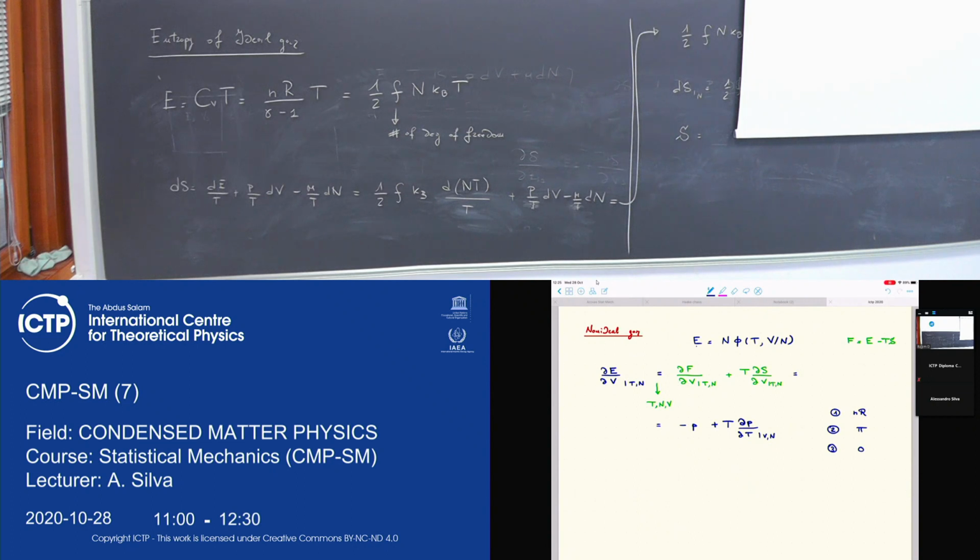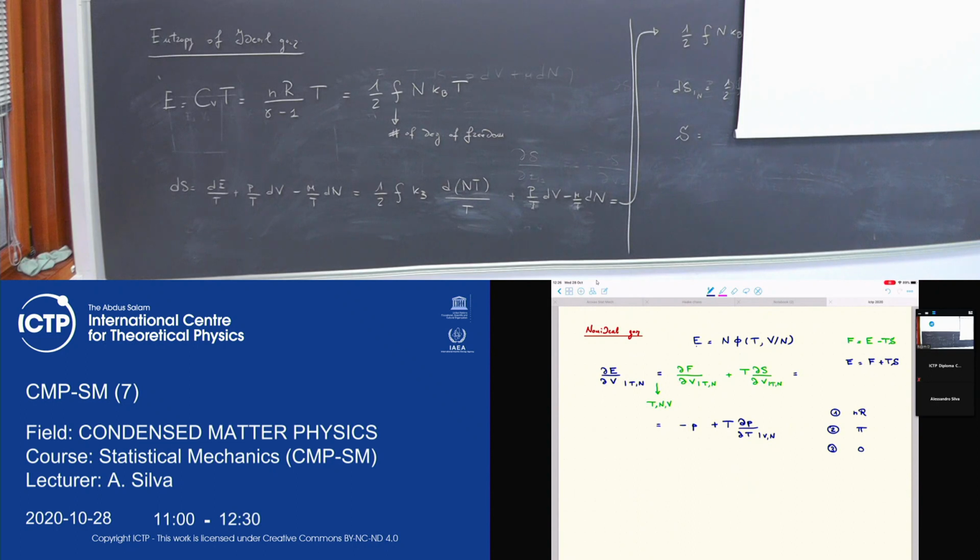Therefore, I have to use as my potential the Helmholtz free energy. The Helmholtz free energy is E minus TS, and therefore E is equal to F plus TS. So plug in here E equal to F plus TS, substitute, take the derivatives, and that's what you get, right?